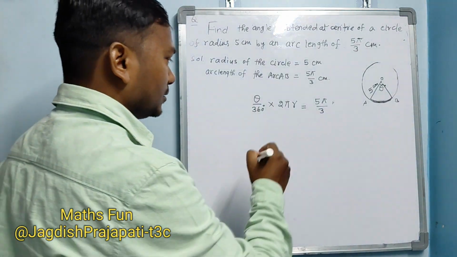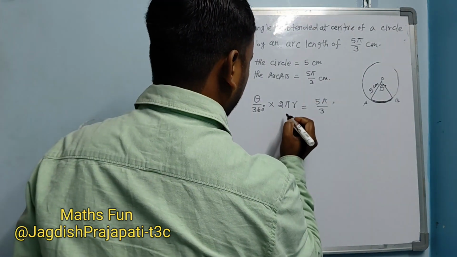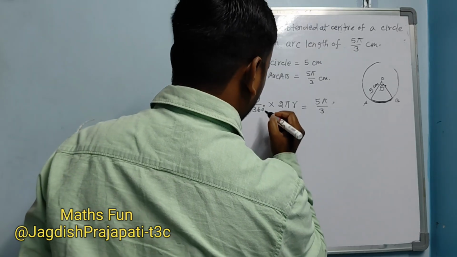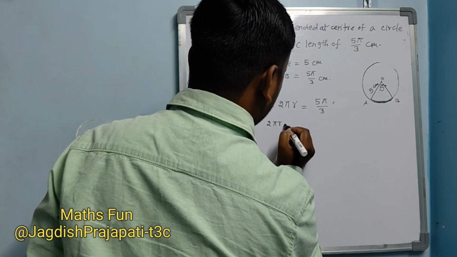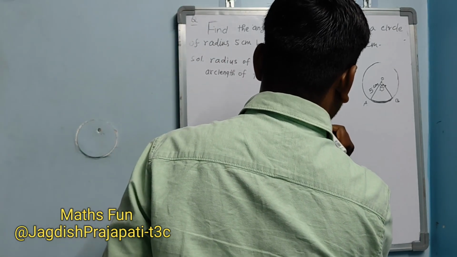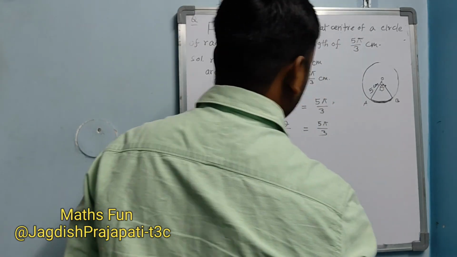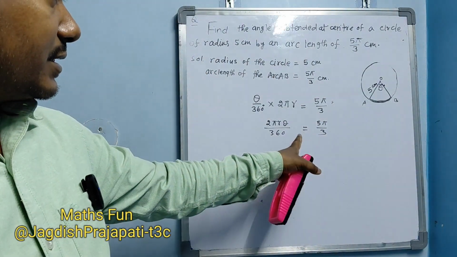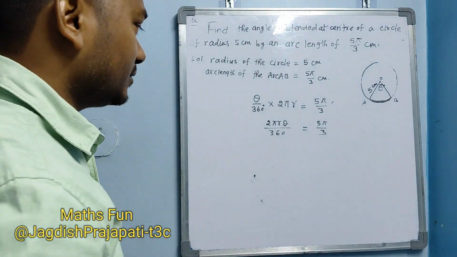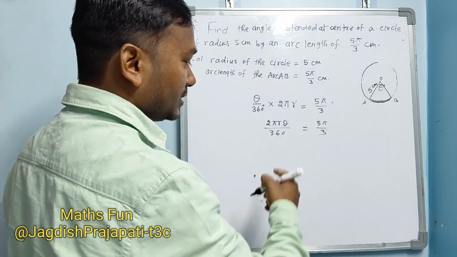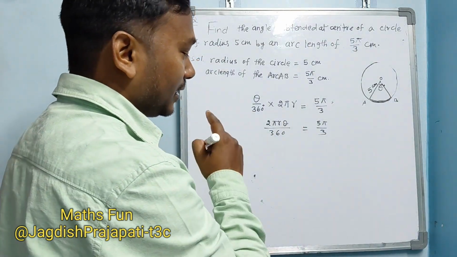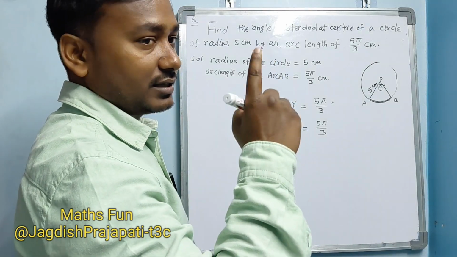So now see here, theta by 360 into 2 pi r equals 5 pi by 3. Now in order to make it simple for calculation, let us do the cross multiplication. Since our unknown is only theta, we want to put theta on the left hand side and all the other constants on the right hand side.